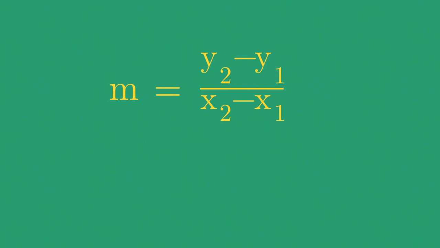The other thing I want you to not worry too much about are the little sub 2s and sub 1s. When it comes to subtracting these y's and these x's, it's not going to matter which one is which as long as we do both the x's and the y's the same way.